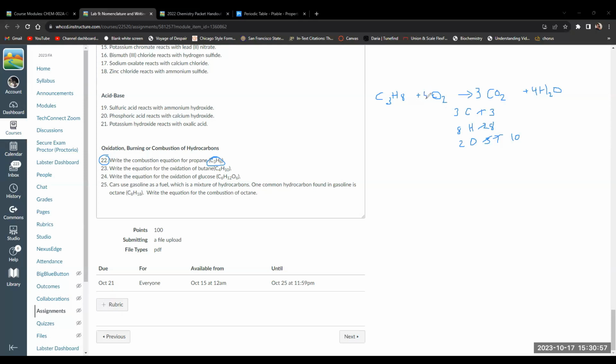Thankfully, we could just put a 5 here. 5 times 2 makes it 10. Now it's balanced.